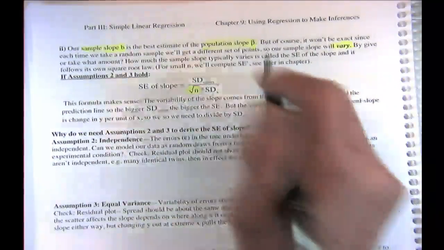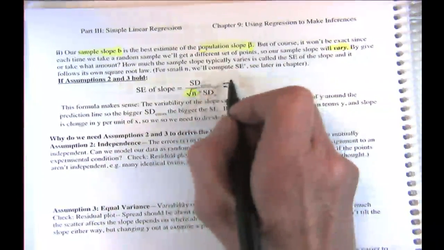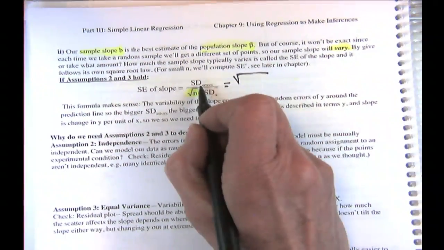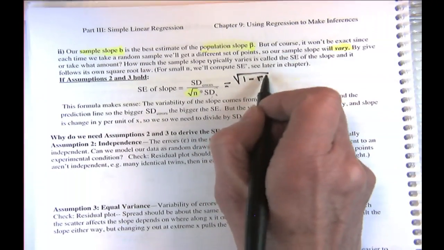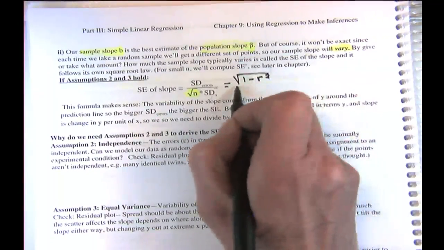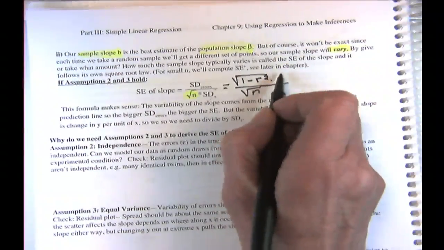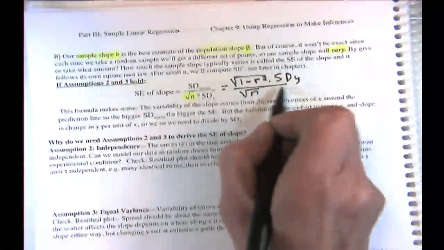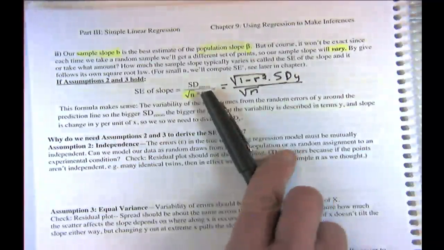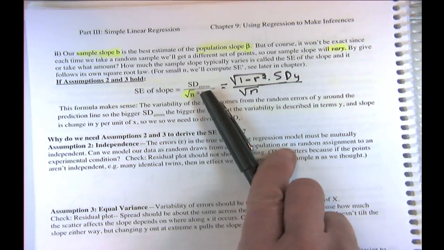So maybe if I expand this out, remember this formula? SDRs is the square root of 1 minus r squared, times SDY. And here we have the square root of n, but it's the square root of 1 minus r squared times SDY. So if we didn't put SDX in, this is what it would look like.